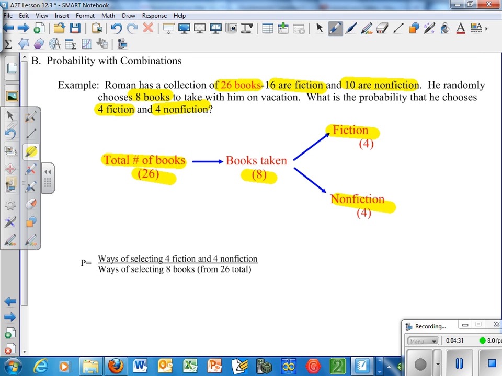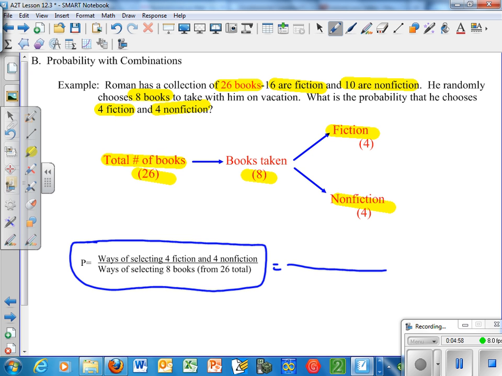So when we do the probability, and I would suggest writing this down right here in your notes, pause the video if you need to. The probability is the ways, we're going to look at the successes, which is the ways of selecting 4 fiction and 4 nonfiction, and we're going to divide it by the total, which is the ways of selecting 8 books out of 26 total, of any way of choosing 8 books. So what you're going to do on top is you want to look at fiction, nonfiction, and it's going to be combinations.